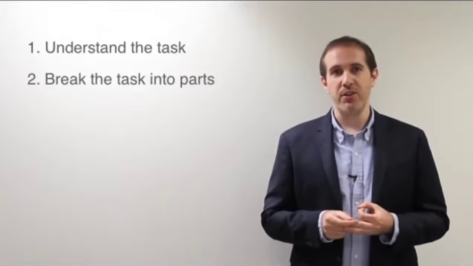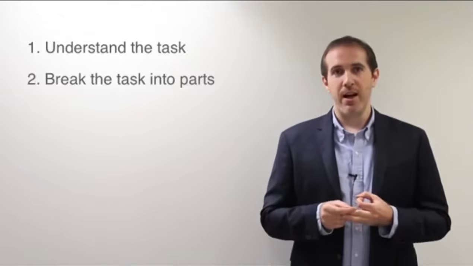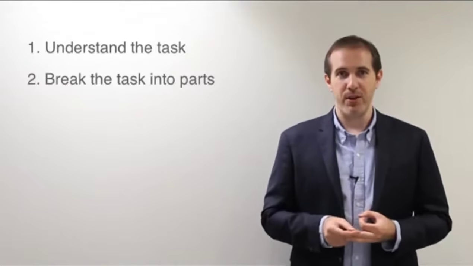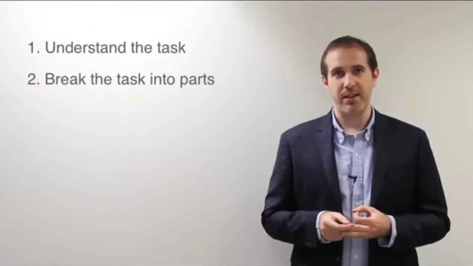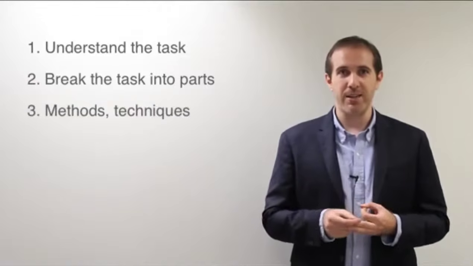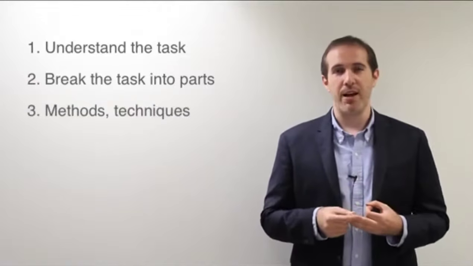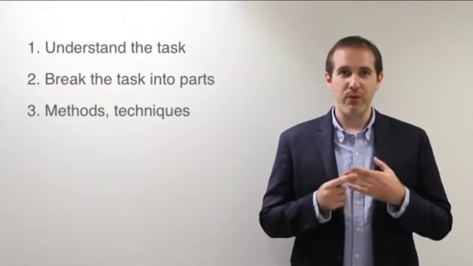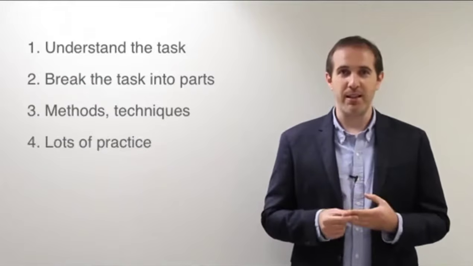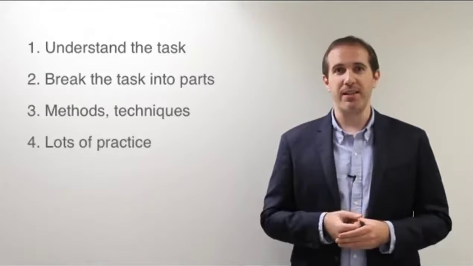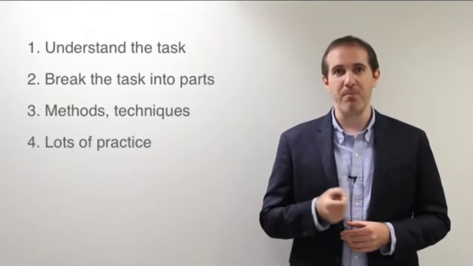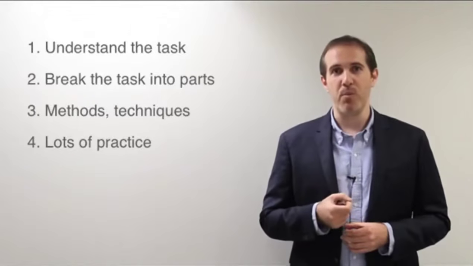The third thing to do in terms of training is to have a method for the different parts of the task. We need methods, techniques, so we can practice those and improve our skills. The fourth thing is to practice a lot, repeated practice of the same methods, the same way of doing things, is how you improve.